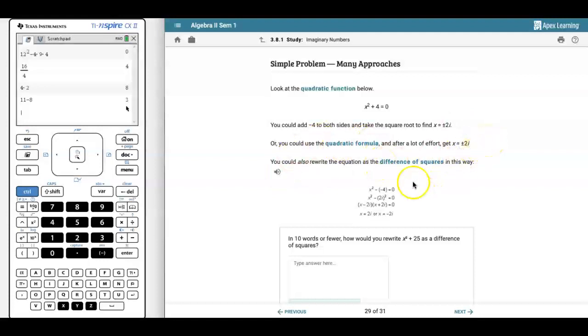Or you could rewrite it, if you remember all the way back many, many lessons ago, to difference of squares, right? So a squared minus b squared. And you're saying that b squared in this case is negative 4, right? And so b by itself would have to be 2i, right?